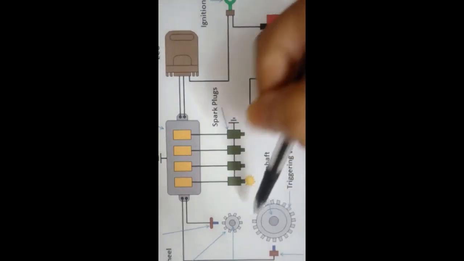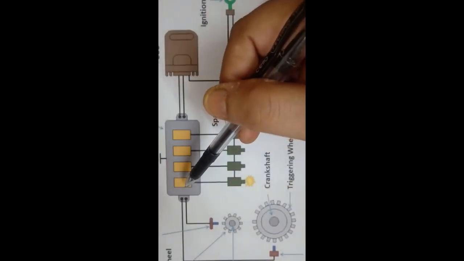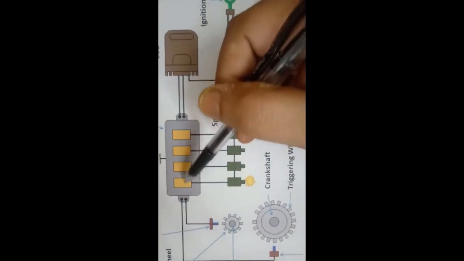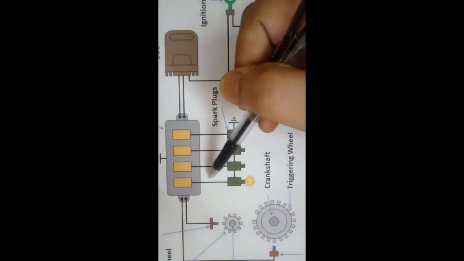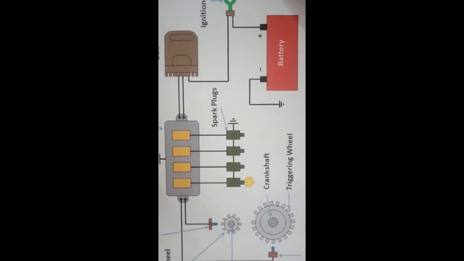When the signals from the camshaft sensor and crank position sensor go through the ignition control module, all the 4 coils will be excited according to the firing order, and the spark will be produced at the respective spark plug. So this is the schematic construction of the distributorless ignition system.